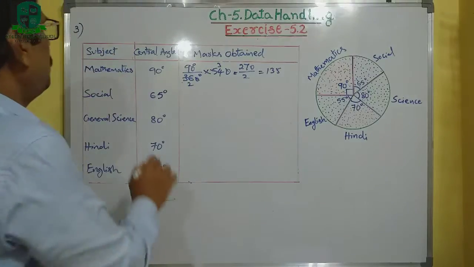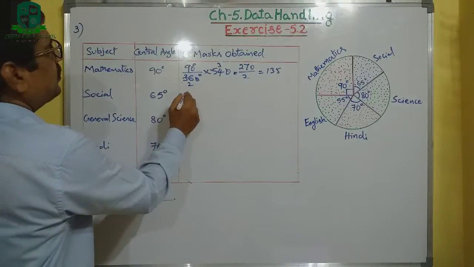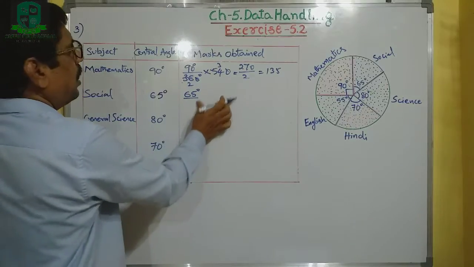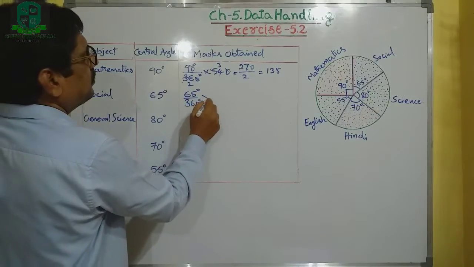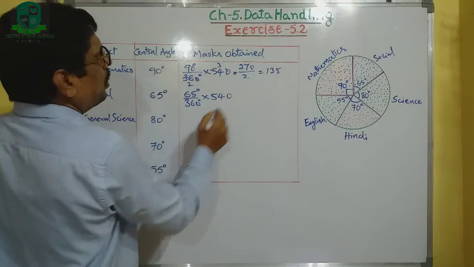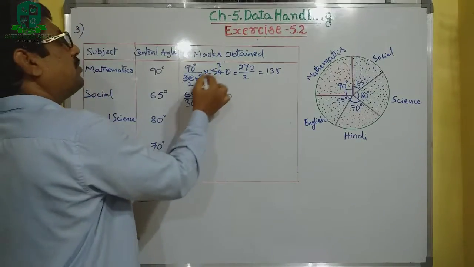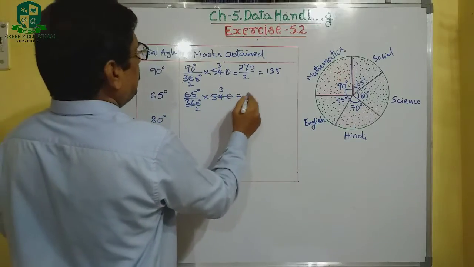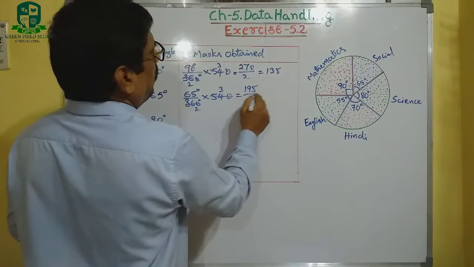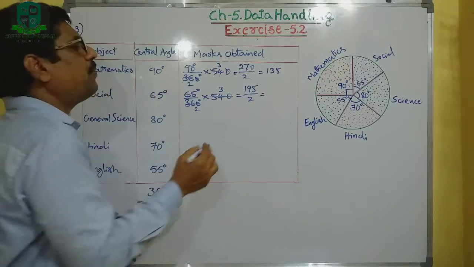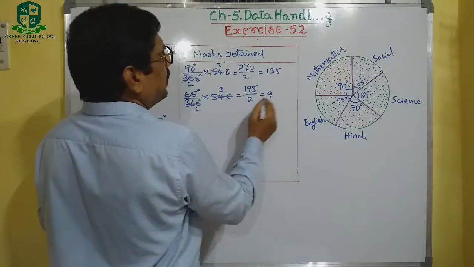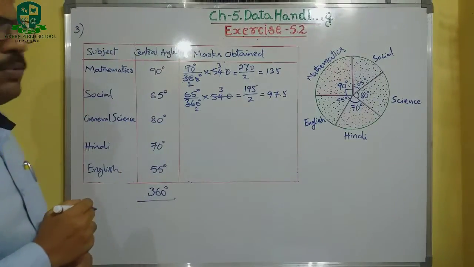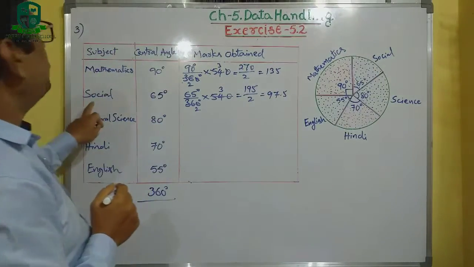Now the next angle is 65 degrees out of 360 degrees into 540. Again, if you cancel like this, we get 3 and 2. 65 3s are 195 by 2. If you divide, we will get 97.5. 97.5 marks in which subject?